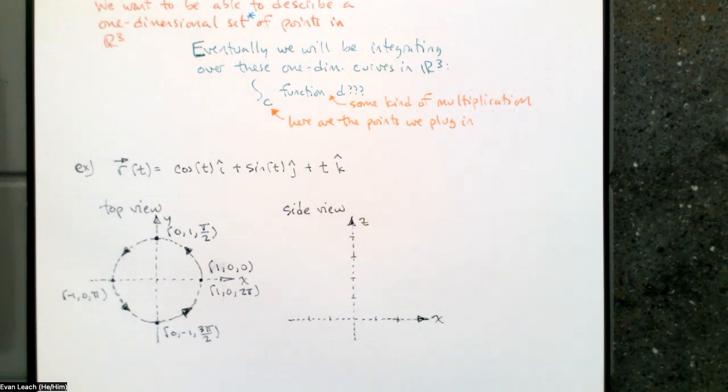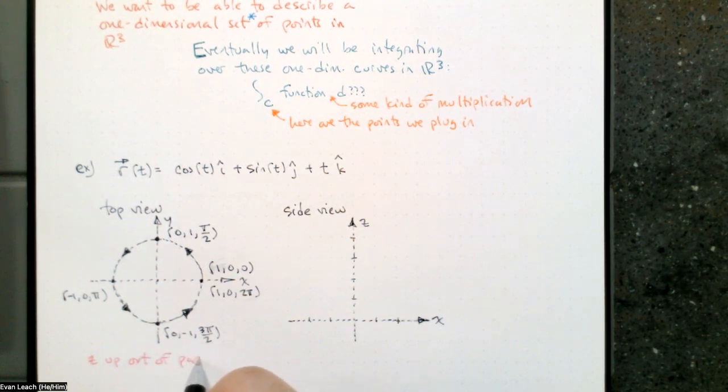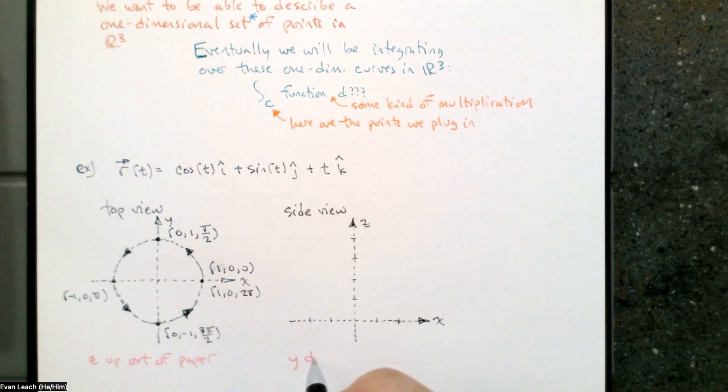If we think about our right-hand rule, y is going down into the paper. So in this top view, z is pointing up out of the paper. Here in this view, y is pointing down into the paper.